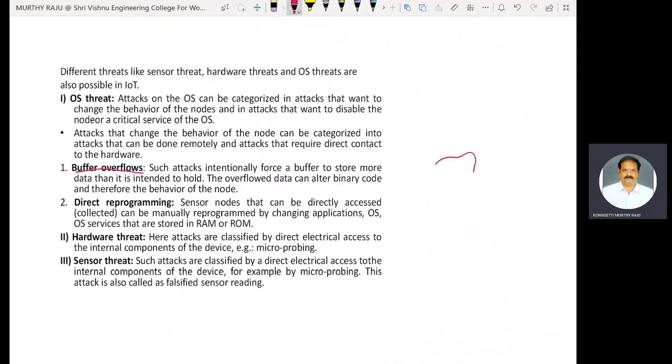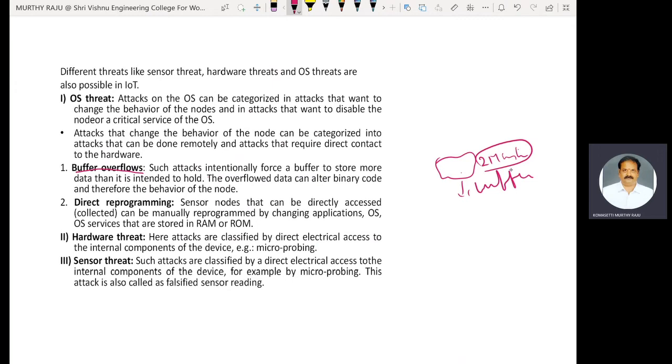The capacity of the buffer is, say, 2 megabytes. The attack forces the buffer to store more data than it is intended to hold, greater than that 2 megabytes of data.